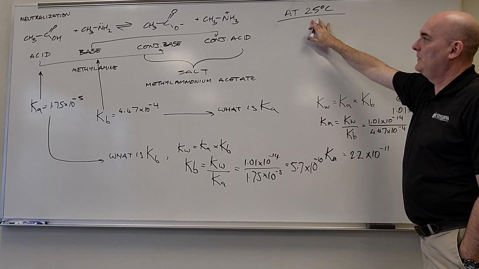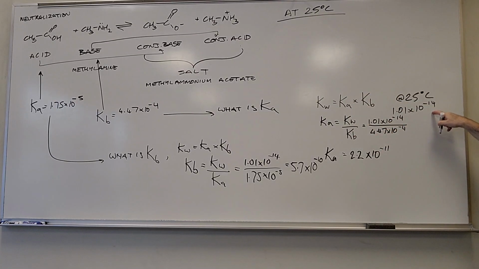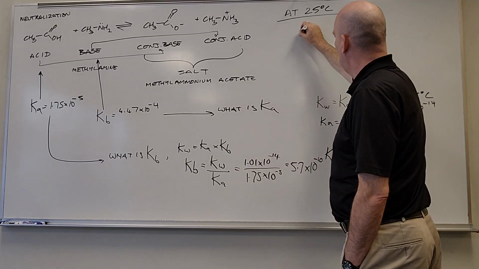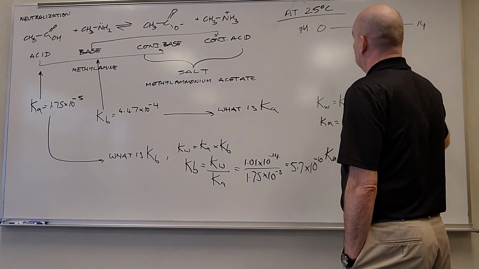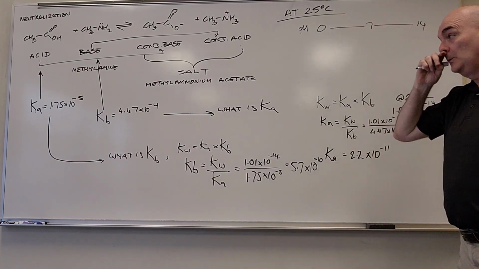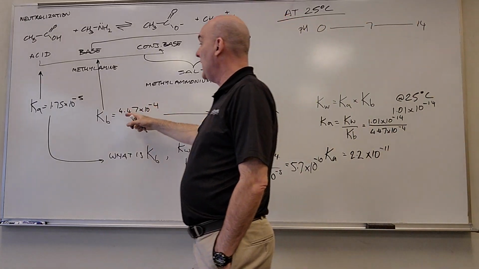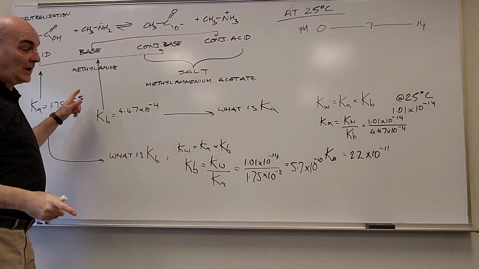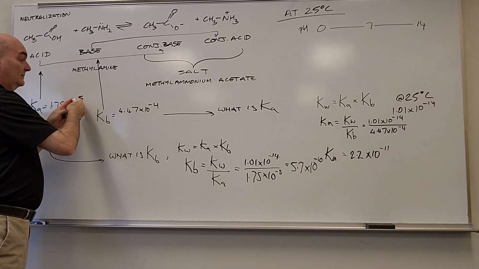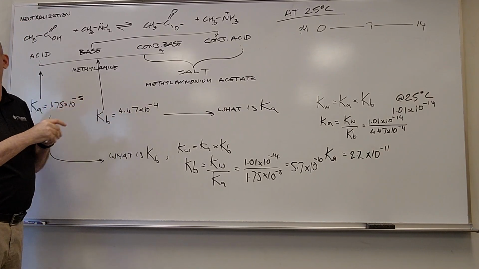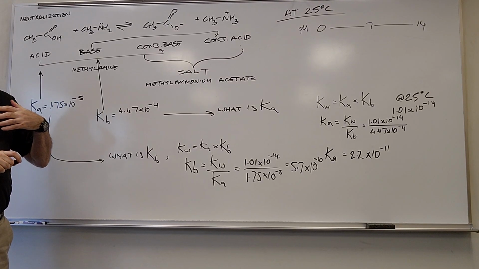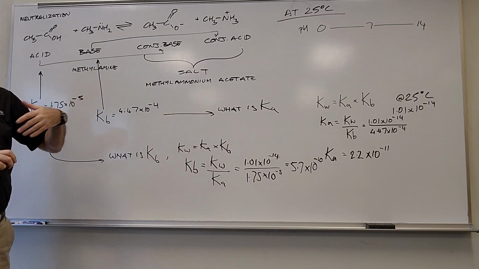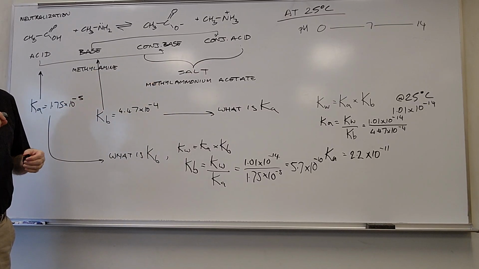Almost everything is going to be done at room temperature, which means we have a boundary. The pH is bounded from 0 to 14, which means that our values of Ka and Kb are somewhere up to negative 14. Unlike Ksps, Ksps will be negative 28, negative 35, little tiny things.